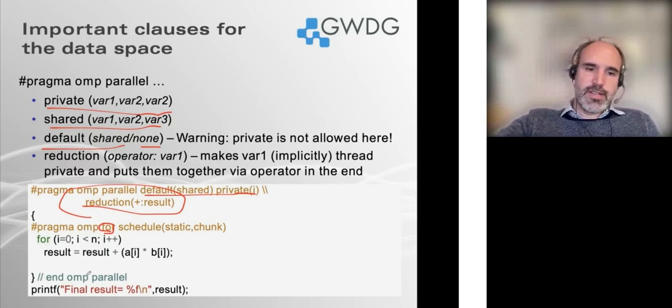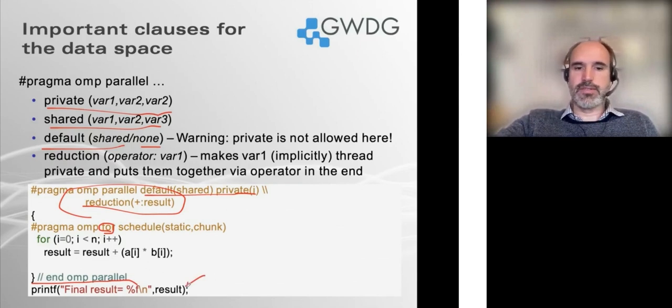But importantly, here after the parallel region, we have the sum of all result variables in the variable result of the master thread. The master thread has the result in here. Why is it the sum? Because the sum was defined here in the reduction clause. I can change color again, maybe easier to see. So here I have the plus sign saying reduction plus.